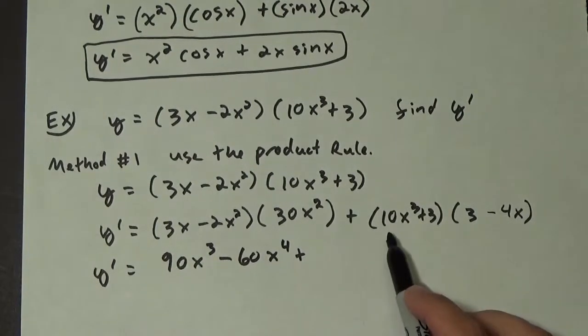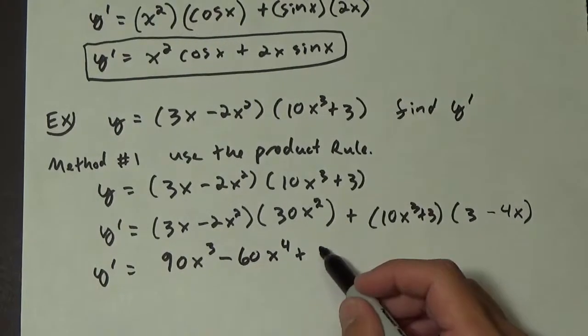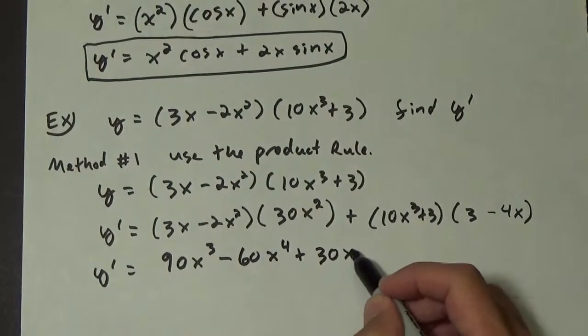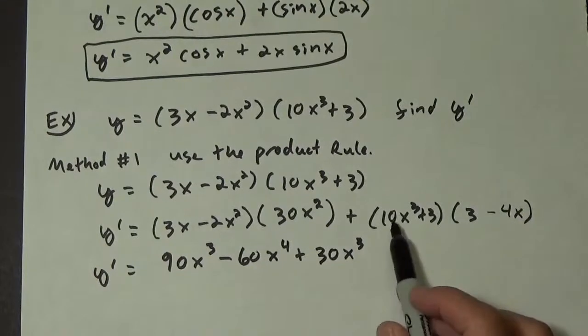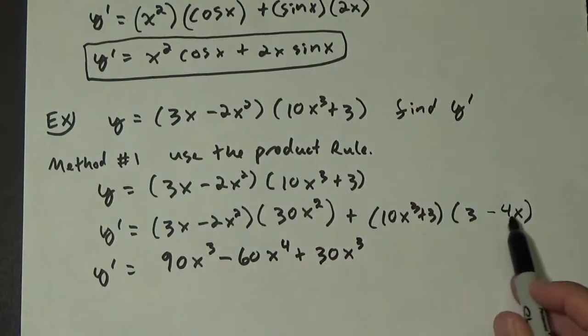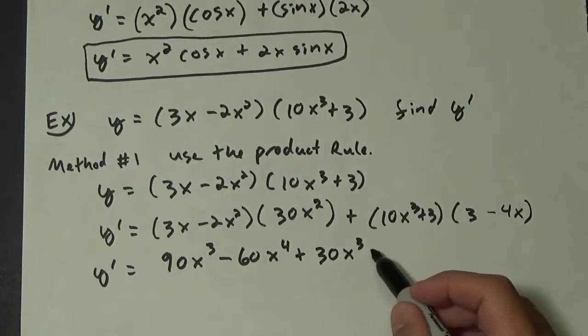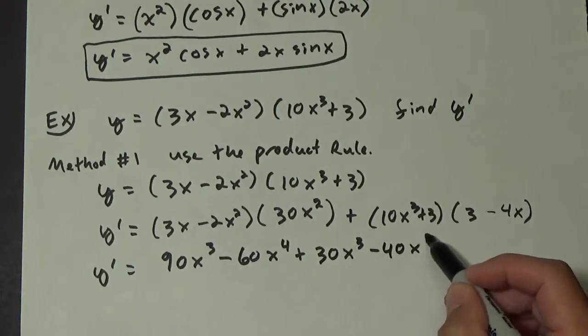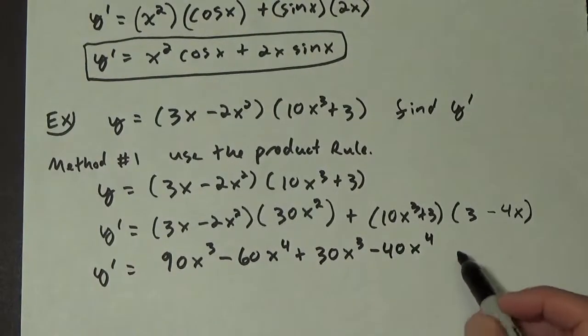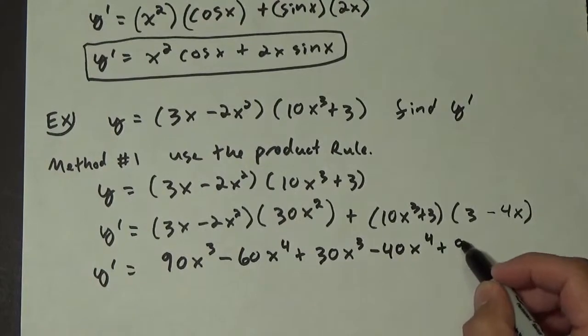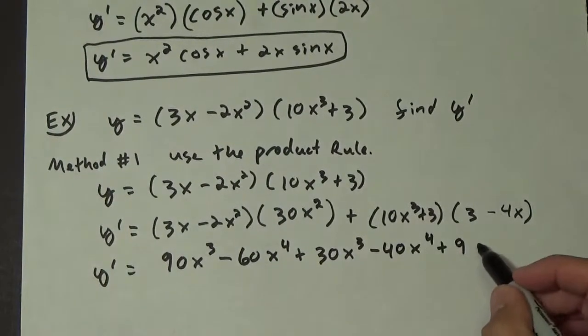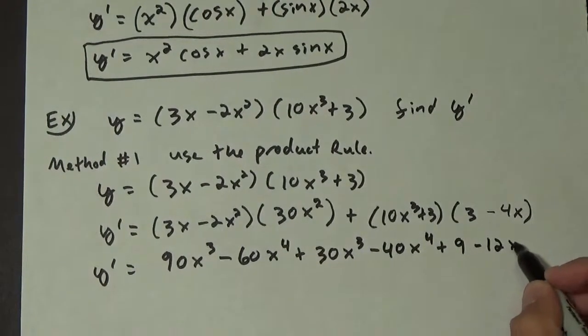So let's see here, 10x cubed times 3 is plus 30x cubed. 10x cubed times a negative 4x is a negative 40x to the fourth. 3 times 3 is 9. And 3 times a negative 4x is a minus 12x.